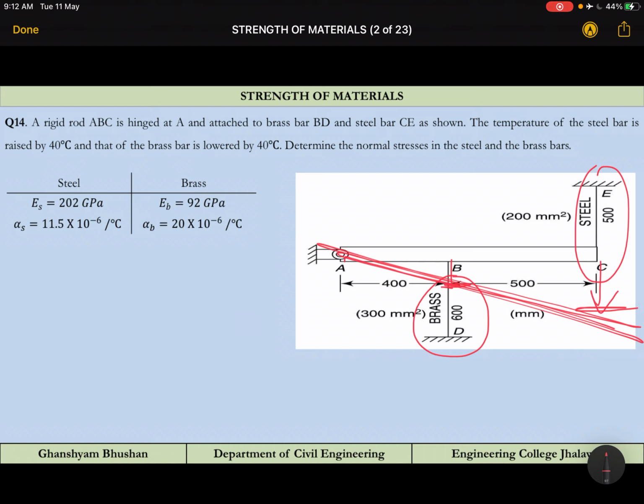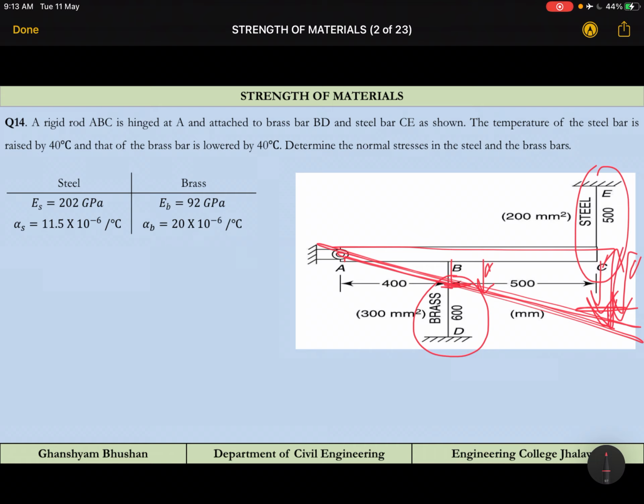If this increment and this decrement are in a particular ratio, which we will find from the similar triangle, then the stress will be zero. Stress comes when we are not allowing this much deformation in both the bars.